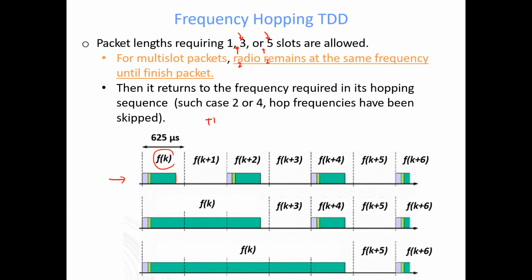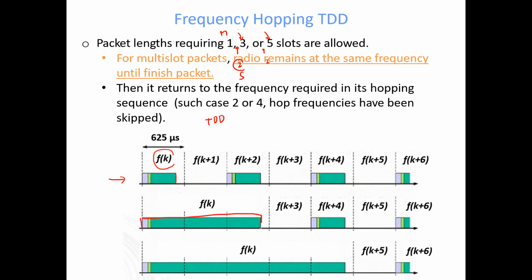Because by using TDD, you have to allow the other device to send back. So if you are the master, you send in the first slot, and then you have to wait for the slave to send back in the second slot, and then you as the master send in the third slot, and so on. So if you want to send 3 at a time, it's possible.